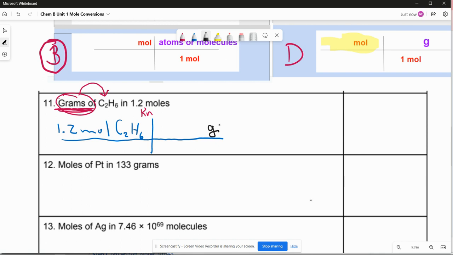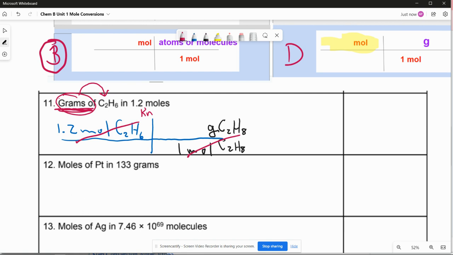It's going to have grams of C2H8 on the top, and on the bottom, it's going to have 1 mole. So we've copied down this conversion factor, and that's moles of C2H8. The reason we're looking at this very carefully to get the units in the right place is that if the same unit is upstairs and downstairs, we can cancel it out.